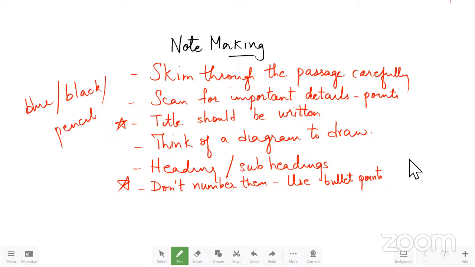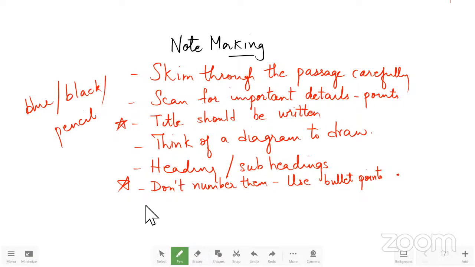You can use a dash or a small arrow, but usually bullet points are better. I wouldn't suggest drawing an arrow. Bullet points. Don't number them.